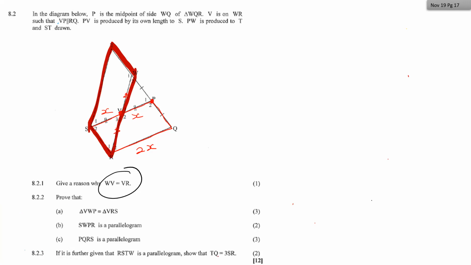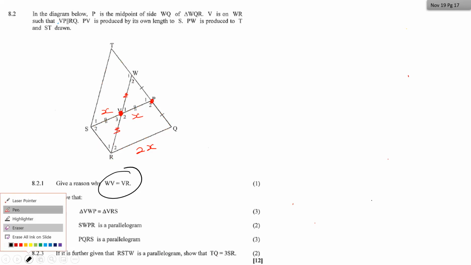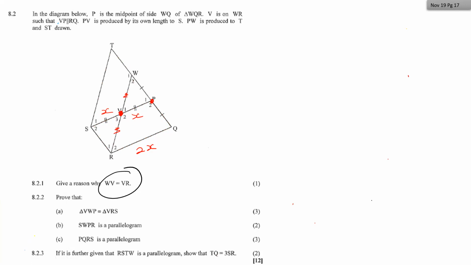We want to prove that TQ is equal to 3SR. So can you see I blocked out my entire diagram, which is not good. Let's make it with a lighter one so we can see that. So I'm going to use a yellow.